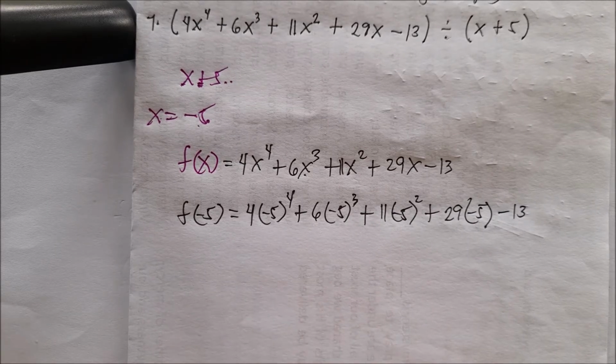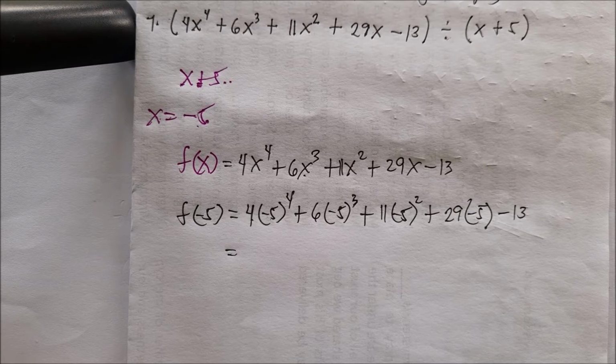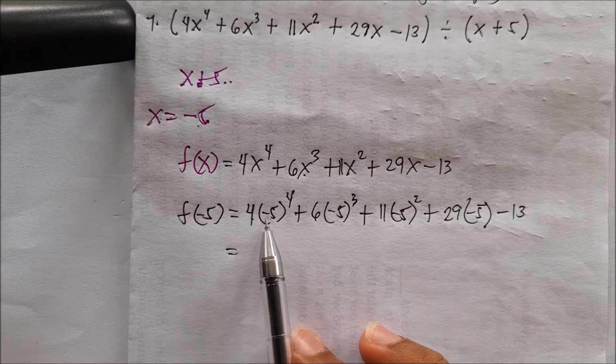The parentheses represent multiplication by the coefficient, and the exponent applies to the base negative 5.